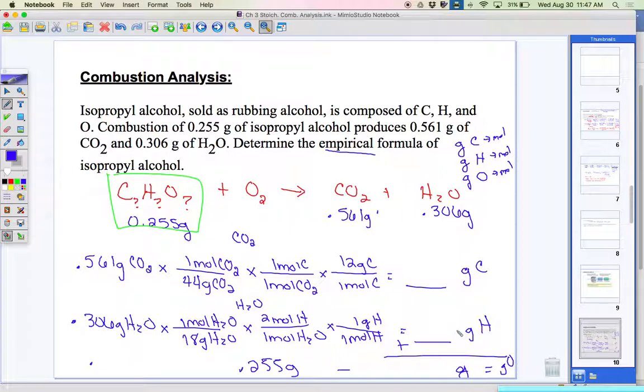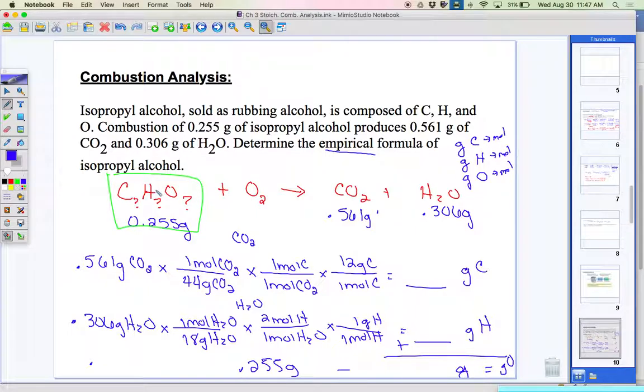Oh, same thing. Those should be the same thing. No, it's not, because you can't do that, because we're adding oxygen from the air. So that total over here for oxygen would be both. We need just the oxygen in the isopropyl alcohol. So no, you can't do it that way.